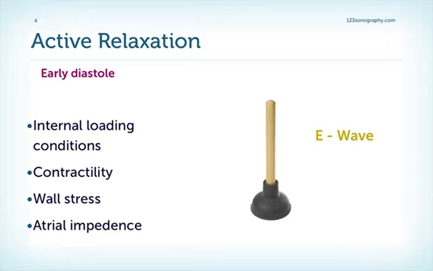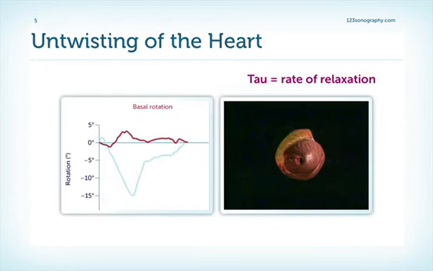Many factors play a role for early diastole: the internal loading conditions, contractility of the left ventricle, wall stress, and atrial impedance. To better understand early diastole, take a look at this animation. Remember when we talked about systolic function, we mentioned that the heart in reality has a twisting motion.